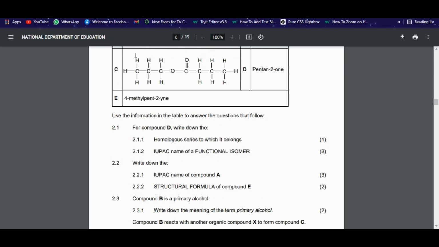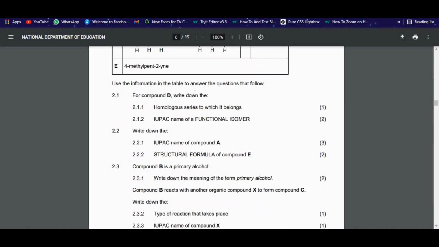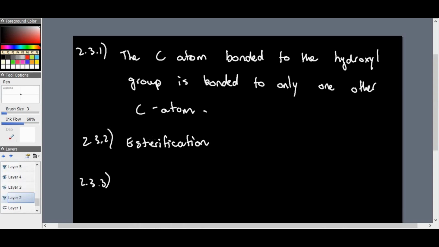So let's look here. We've got 1, 2, 3. That's part of the alcohol, and we start counting from this carbon. 1, 2, 3, 4. So we see it's 4 carbons. 4 carbons in a straight chain, if it was an alkane, would be butane, but because it's a carboxylic acid, the name needs to be butanoic acid.